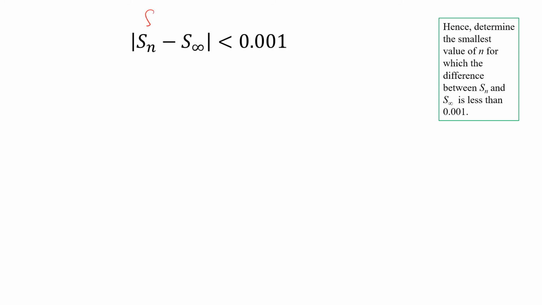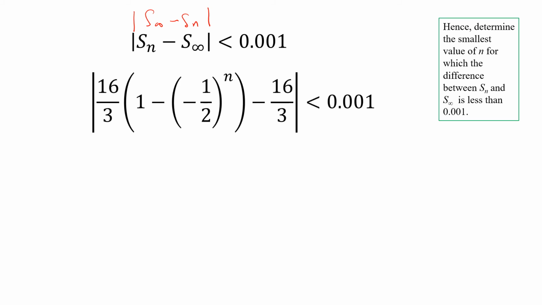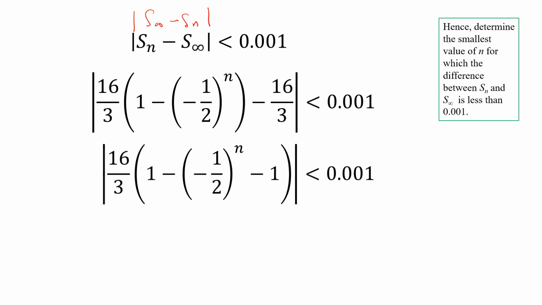It can be S infinity minus Sn, but make sure you put the modulus sign so that the value is positive. So substitute Sn and S infinity. Factor out 16 over 3. And this one, what we left here.